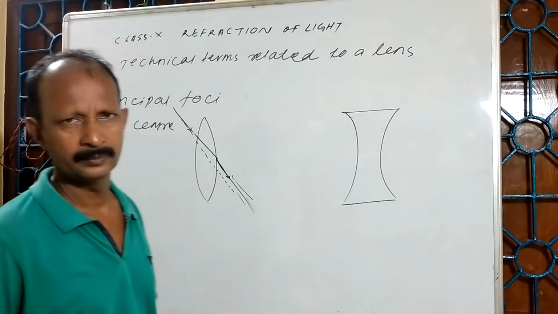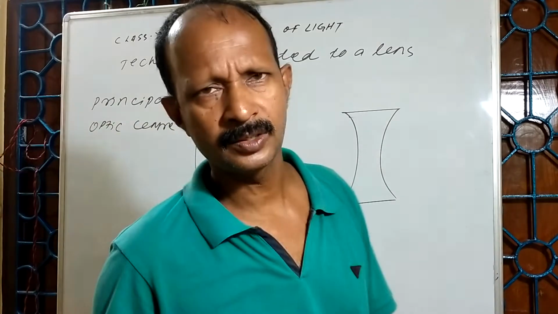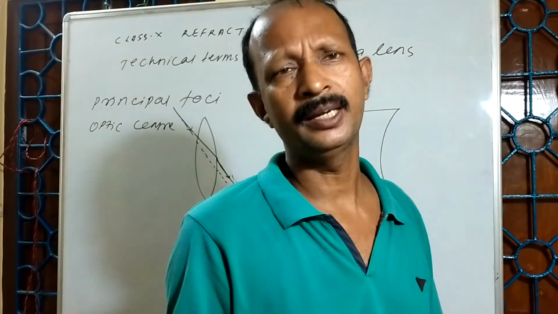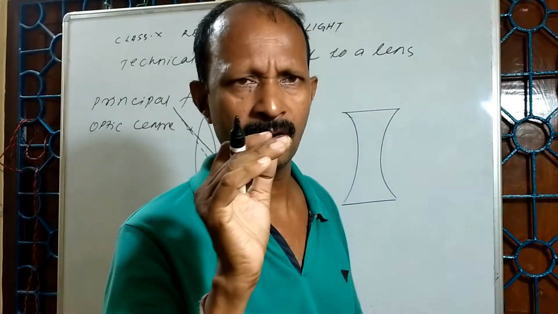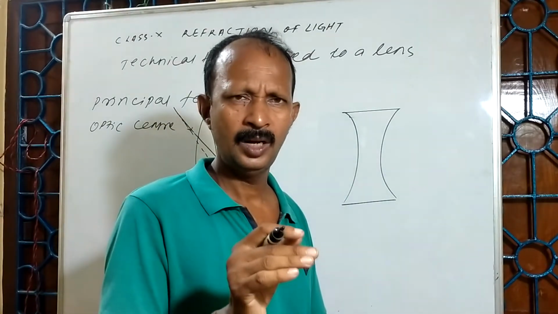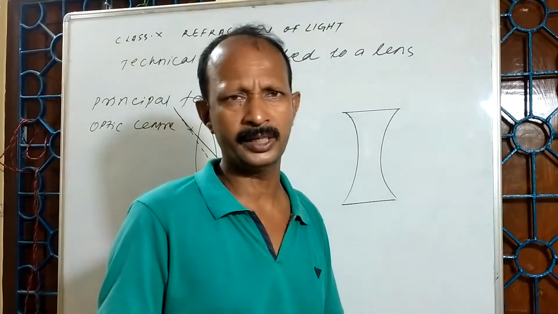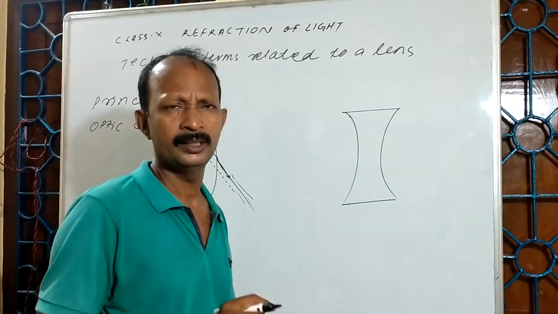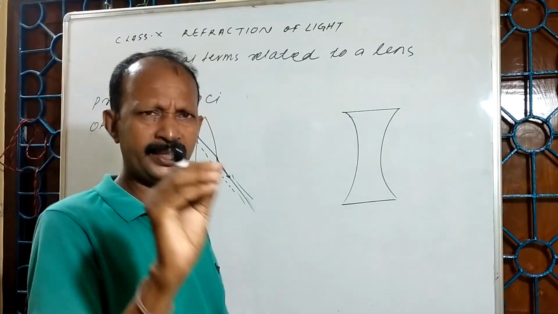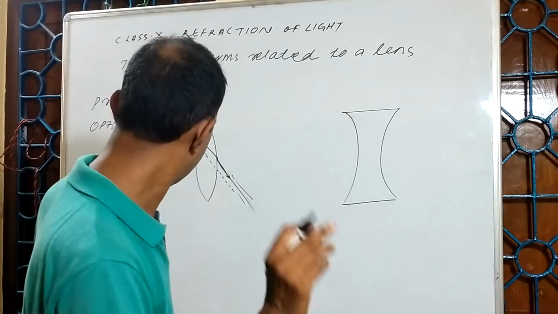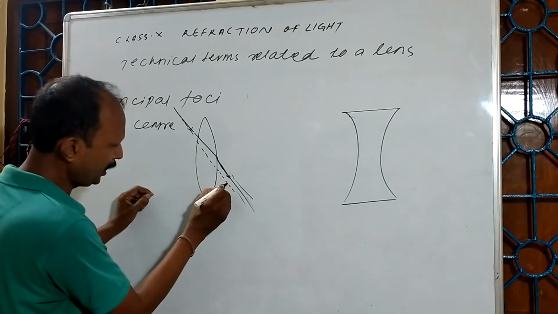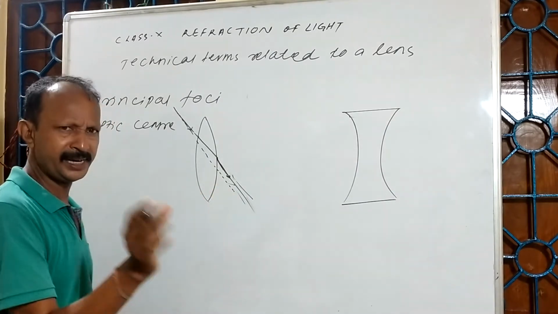So here the incident ray and emergent ray look parallel, but if the lens is very thin, whether it is the convex lens or concave lens, means biconvex or biconcave, then this parallel shift we can neglect.